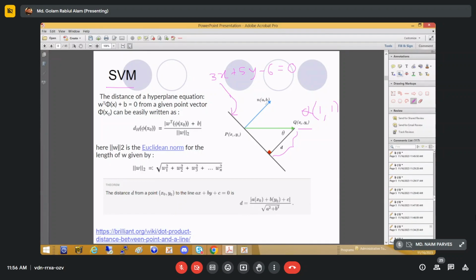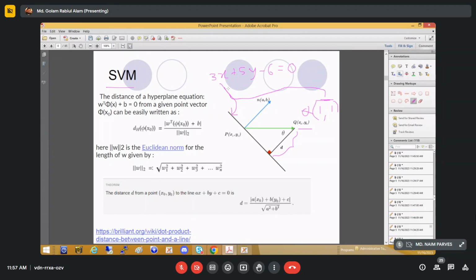So for that, usually the distance is calculated this way. We have to replace x and y by this point.